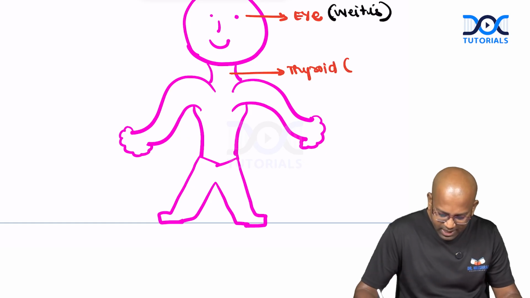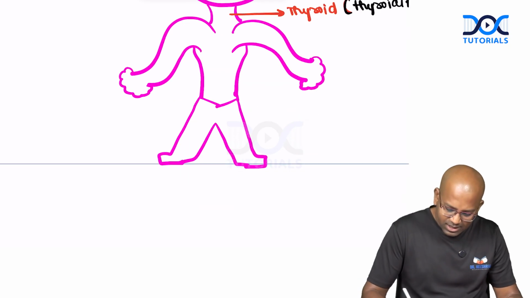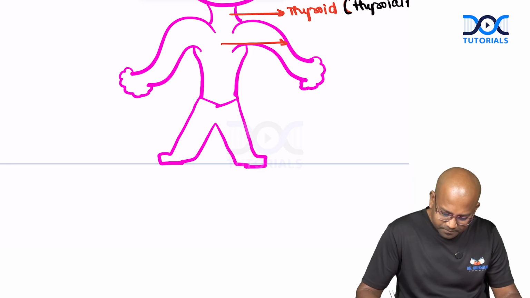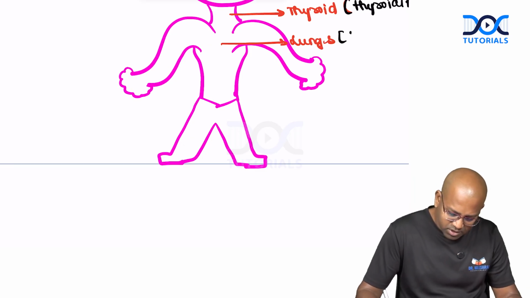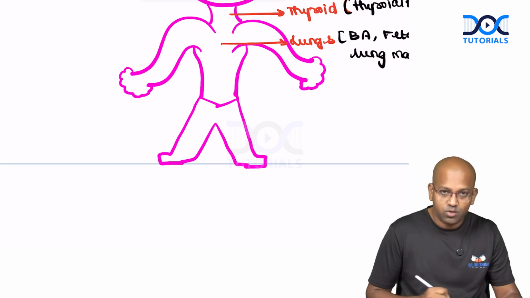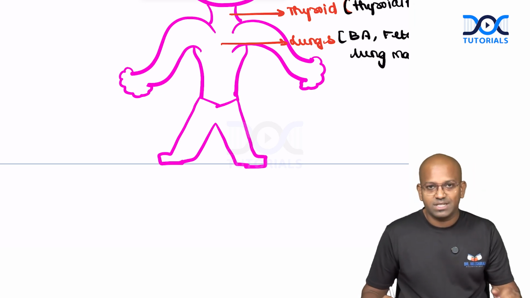In thyroiditis, we can use it because we know it has anti-inflammatory potential. The next area is where your lungs are. In lungs, especially in patients suffering from bronchial asthma, and for fetal lung maturation, we can use steroids. In bronchial asthma, steroids are the primary drugs, called controllers.